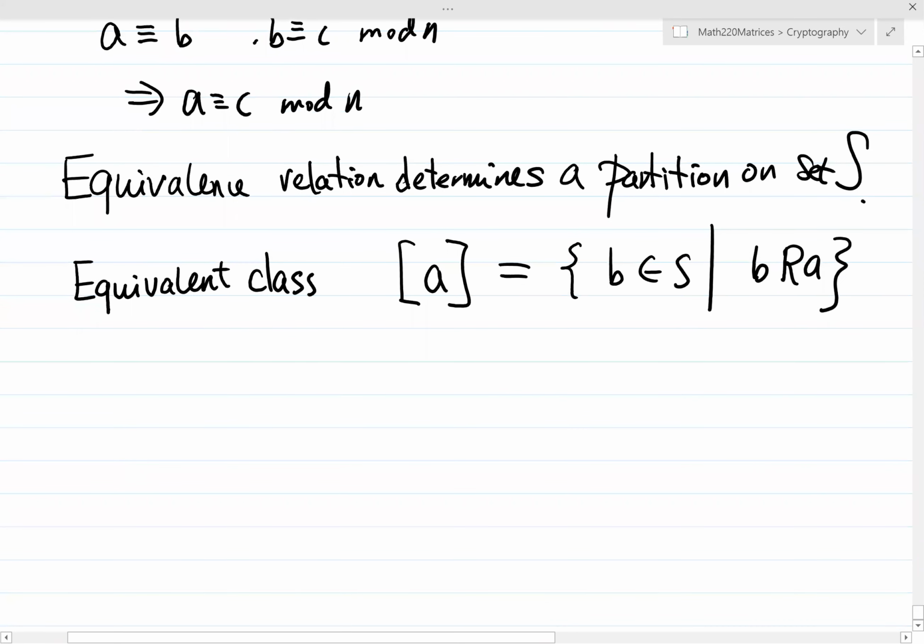Now, we want to prove Lagrange's theorem. So let H be a subgroup.